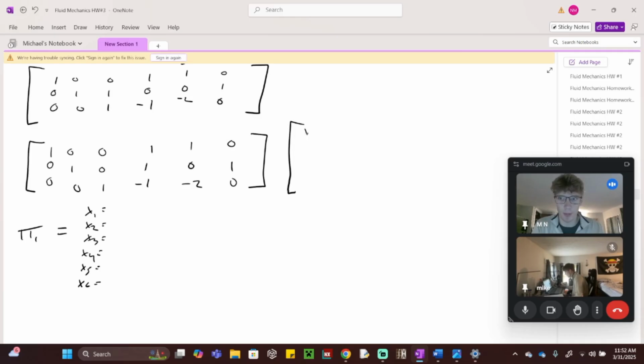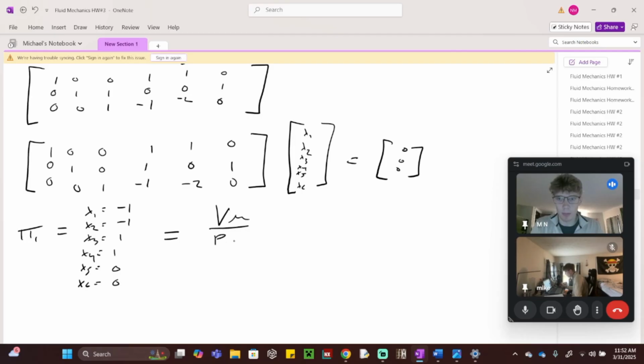So remember these x's are multiplied by our matrix in reduced echelon form to yield our null space, which will be a unitless dimension. So our first set of x's: negative 1, negative 1, 1, 1, 0, 0, and we can remember that these are equal to our variables. So in other words, v mu over pL. So that's our pi number 1.